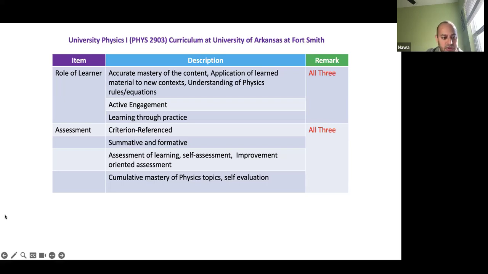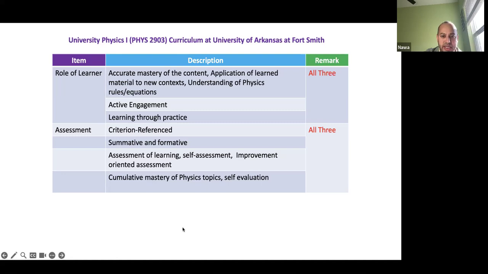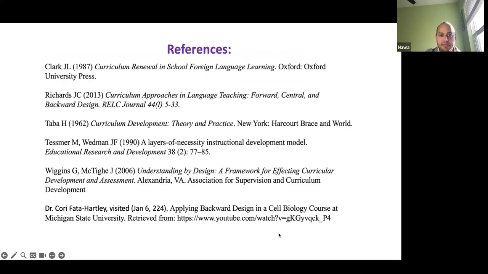So going backward, my syllabus, I think, is completely forward design. The curriculum is forward design, and my methodology is backward design. But for the role of the teacher, the role of the learner, and assessment, I think I have components of all three designs, if I understand these designs completely. All right, those are my references.